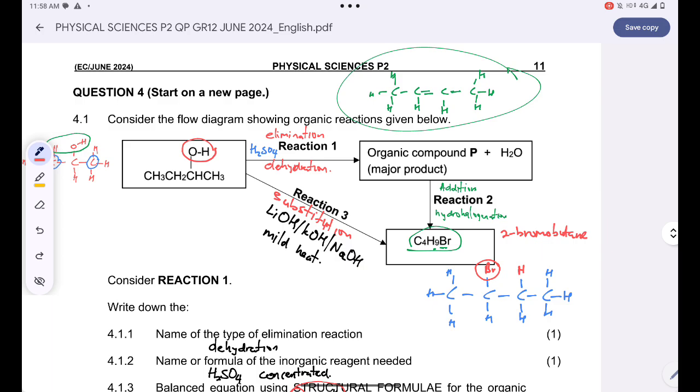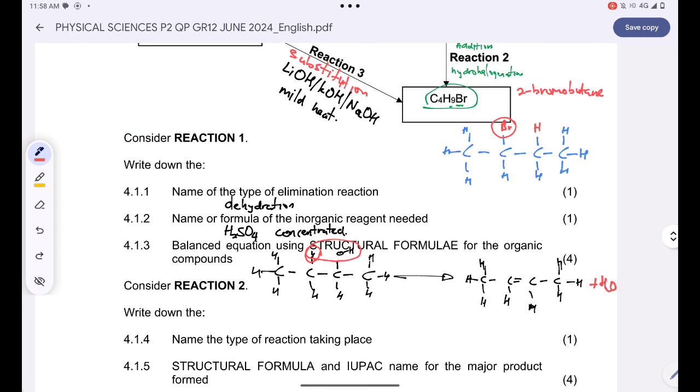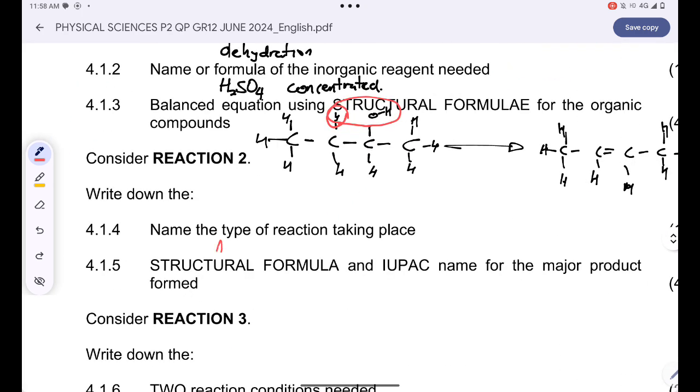Since we have added both the hydrogen and the halogen, the type of addition reaction will be called hydrohalogenation. So it's just addition, and in brackets, you can simply write hydrohalogenation.